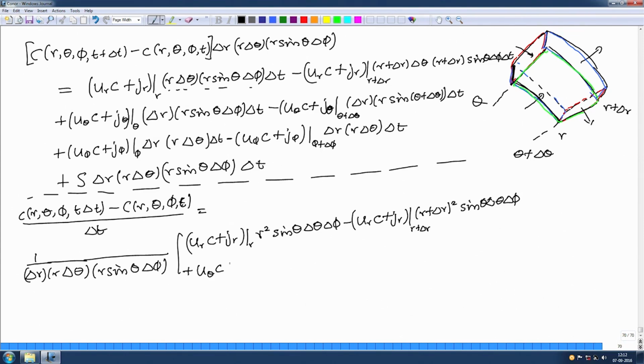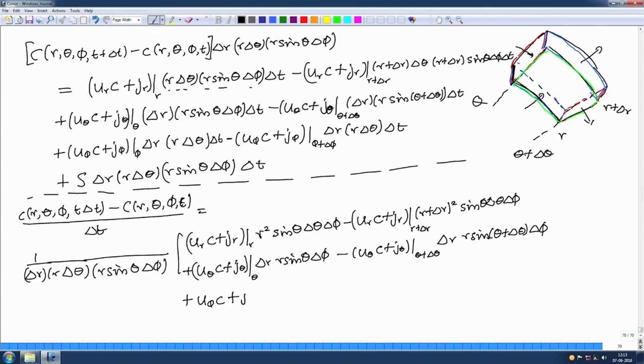Plus u theta c plus j theta at theta, times delta r into r sin theta delta phi, minus u theta c plus j theta at theta plus delta theta into delta r into r sin theta plus delta theta delta phi, plus u phi c plus j phi at phi, into delta r into r delta theta, just dividing throughout by volume and by time.